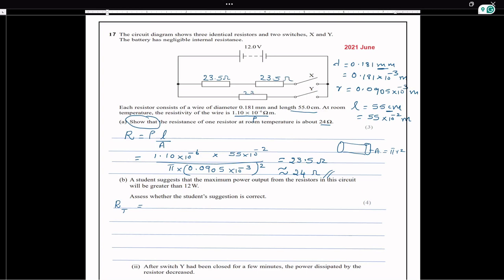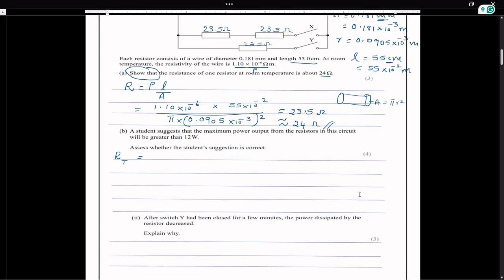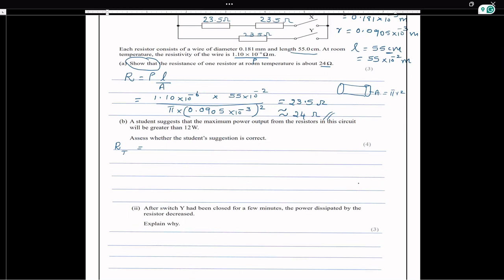The next one is another 23.5 connected parallel. So we can write the total resistance is, it's a parallel combination of 23.5 parallel 23.5, and to this parallel combination we are adding the value.